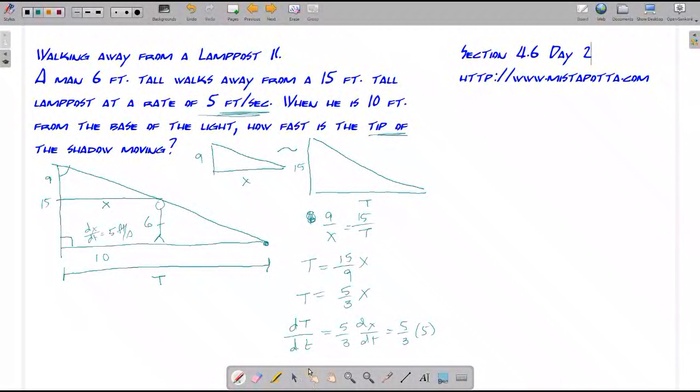And so I've got 5/3 of 5, which would be 25/3.